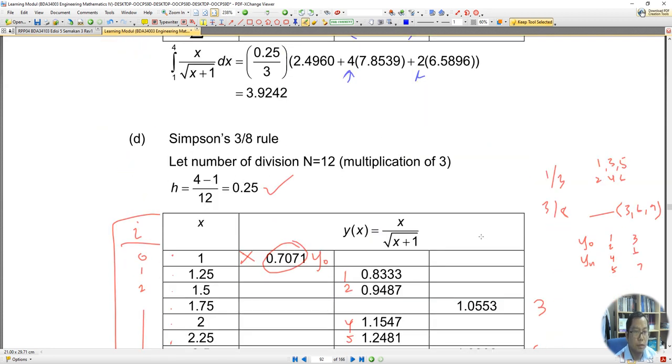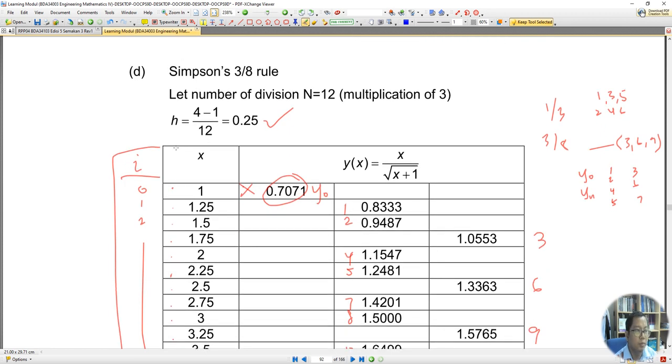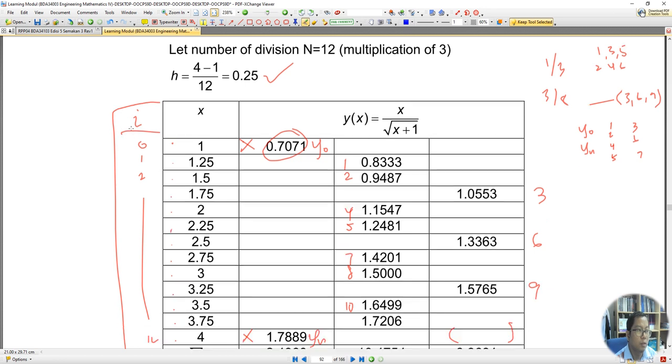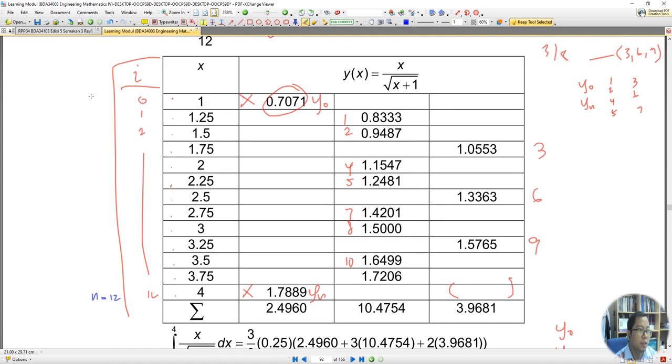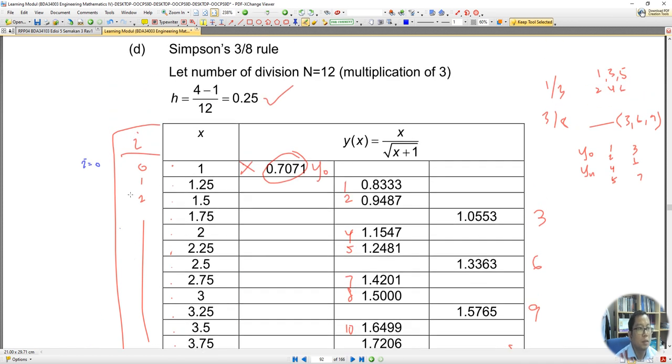And again for the 3/8 rule, again same. We should put i here. i starts from 0 until 12, yn and the number is 12. i equal to 0, start from 0 to 12.